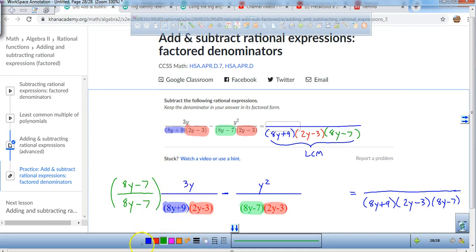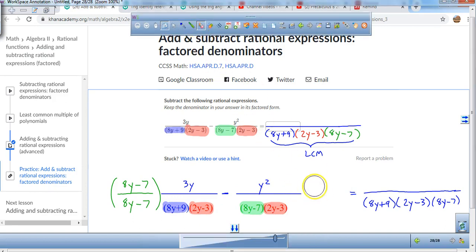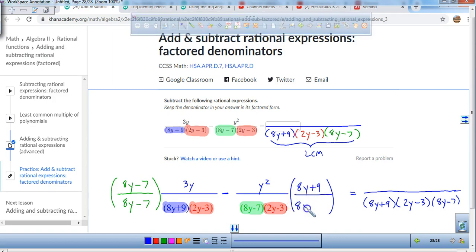So once we have that, then we're going to go over here and see what this needs. Looks like this has the 8y minus 7 and the 2y minus 3, but it needs the 8y plus 9. So I'm going to make another fraction. And in the numerator, we put 8y plus 9 and 8y plus 9.